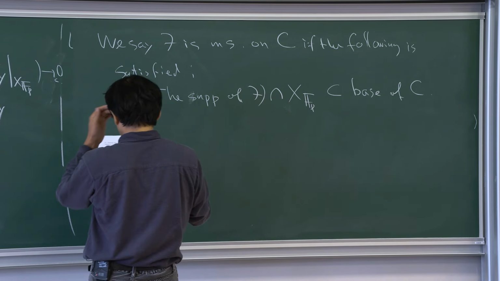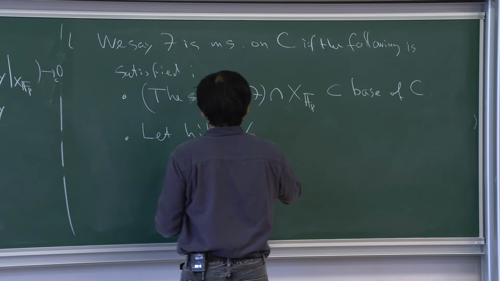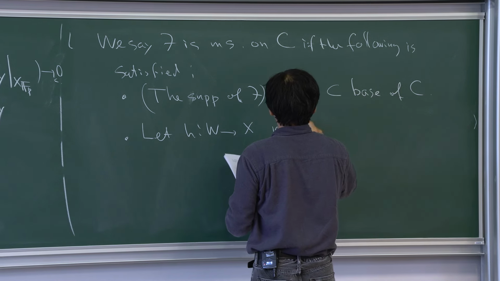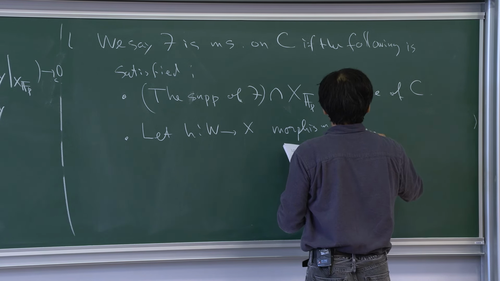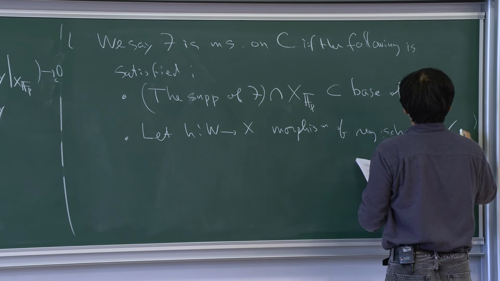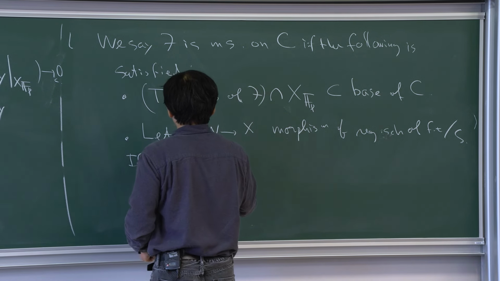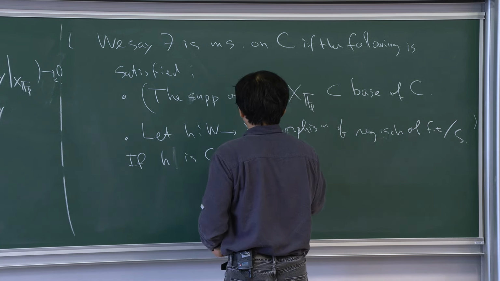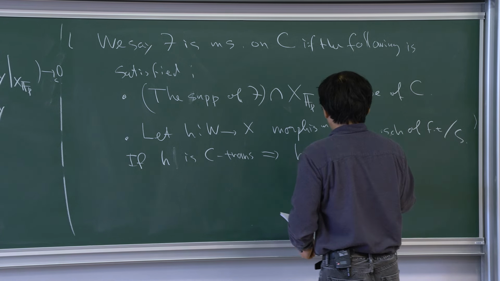So this is the first condition, and then let h be a morphism of regular schemes of finite type over S. If h is C-transversal, then C-transversality should imply h is F-transversal.